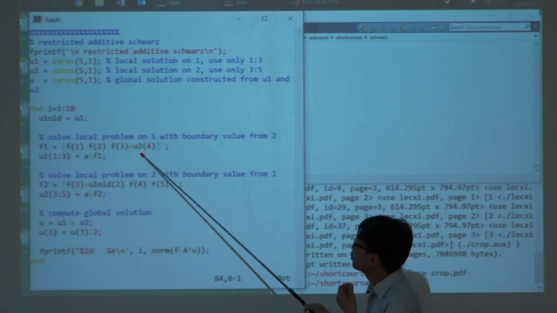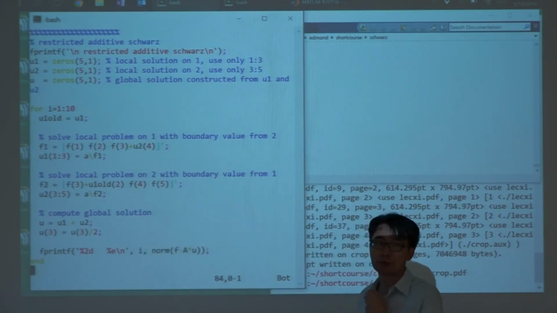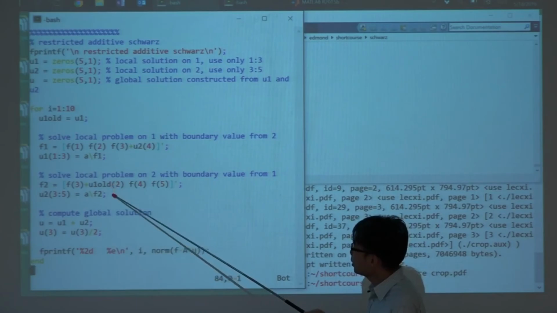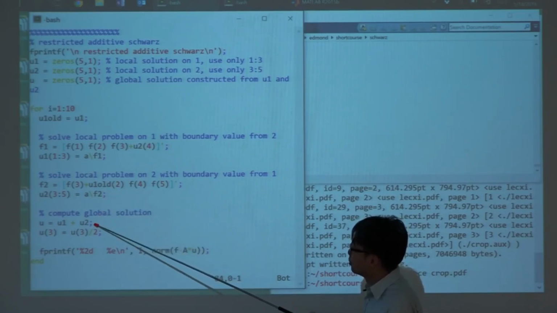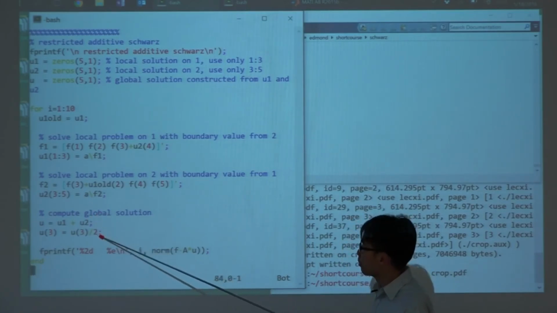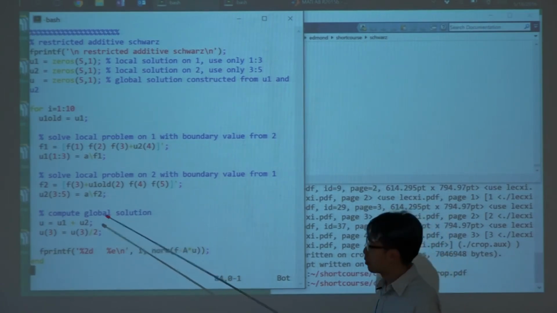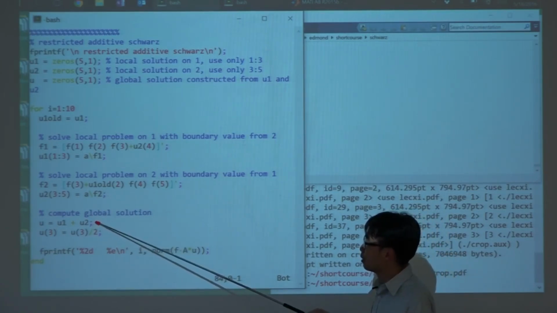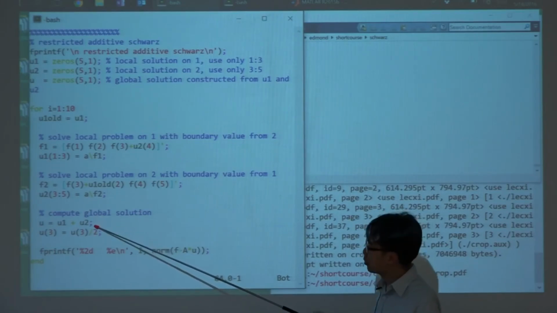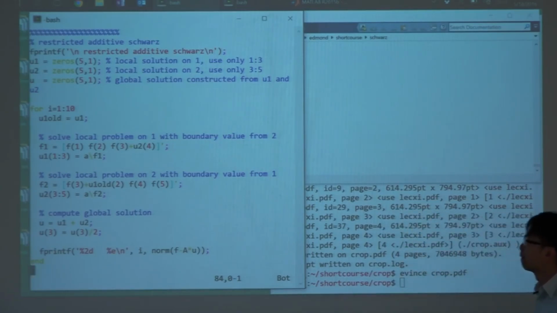U2 is okay because I'm going to get the new value after I compute the global solution. In general, there is no global solution. But in order to compute a residual over here, I'm going to need a global solution. And for that, I'm just going to compute the average of the two values. So I'm just going to add them together, and where they overlap, I'm going to divide by 2. So let's see how that works.